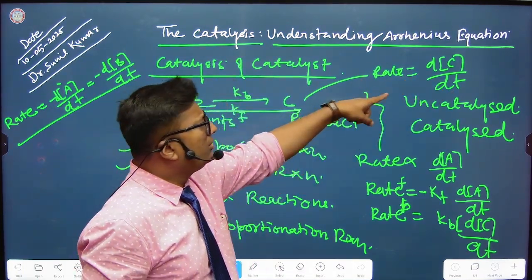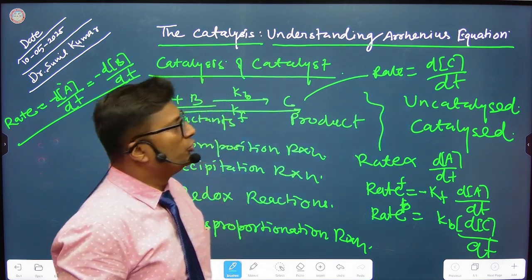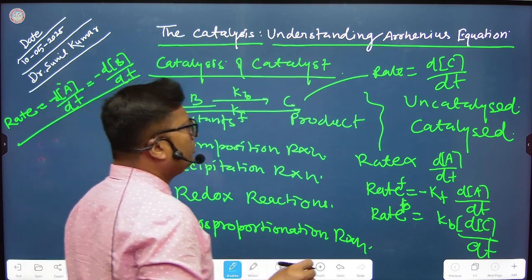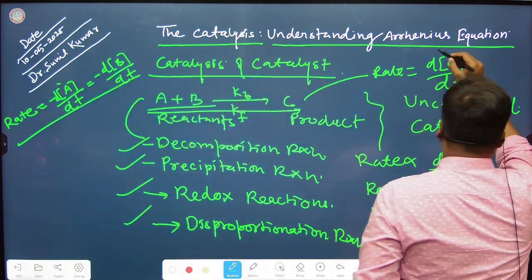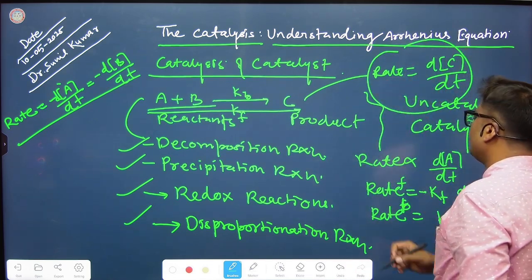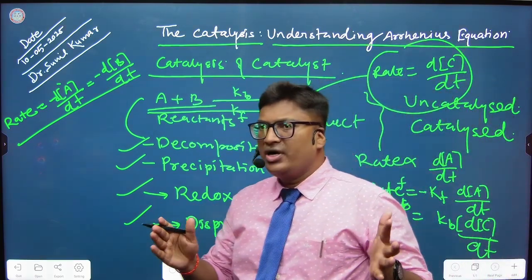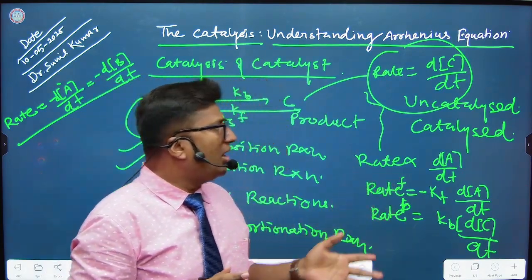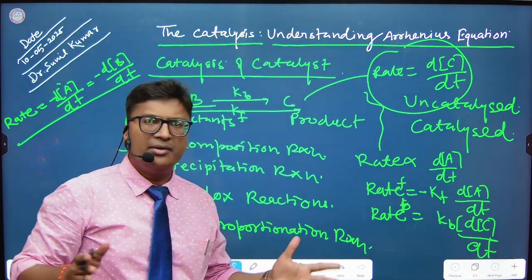So overall, this is positive, a positive rate constant. A reaction can go in the forward direction or the reverse direction, so it depends on the nature of the reactants and products.